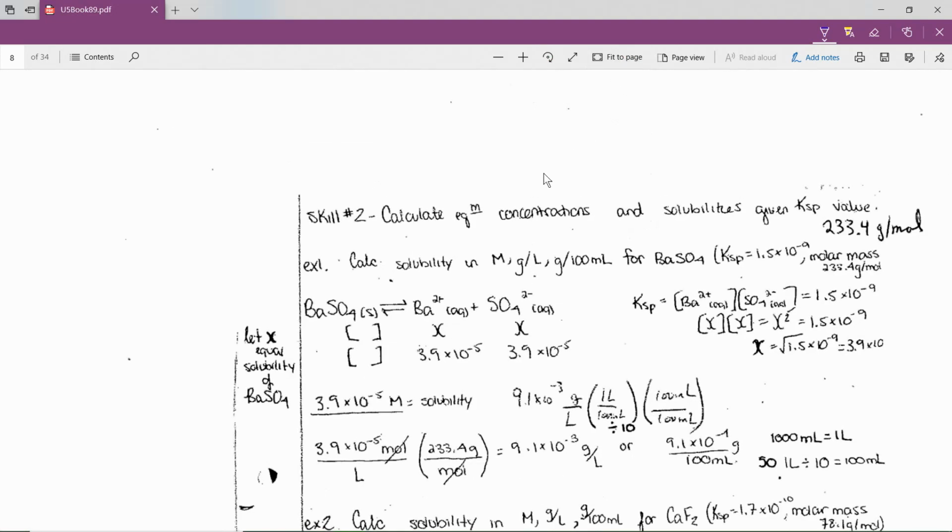So skill number 2, we're going to calculate the equilibrium concentrations in moles per liter, grams per 100 mil. Those are common ones. Grams per 500 mil is another one. Given KSP values, so you either get it in the body of the question or from a table of KSP data, and you calculate the equilibrium concentration given the KSP value.